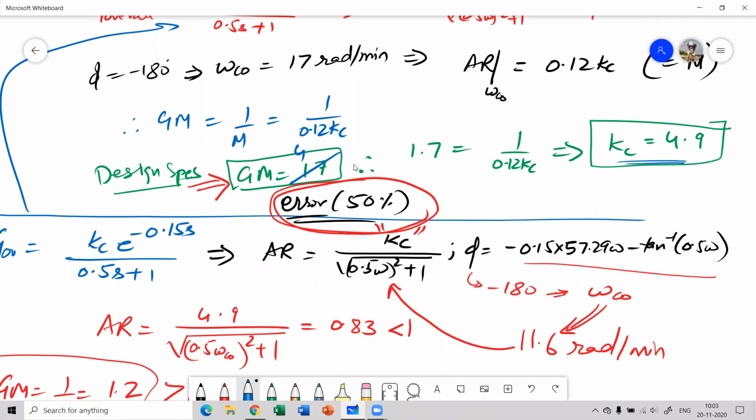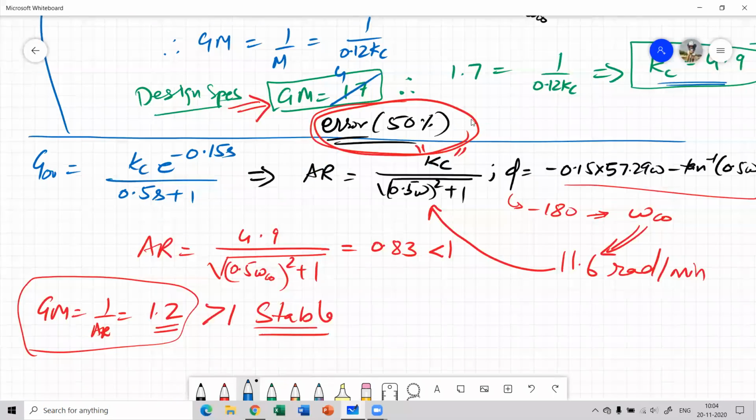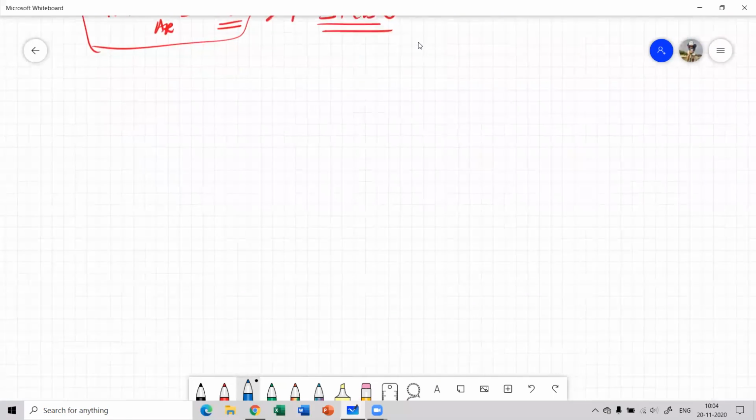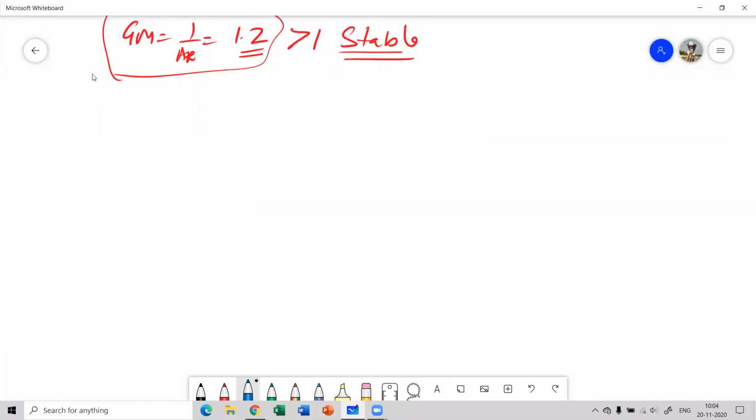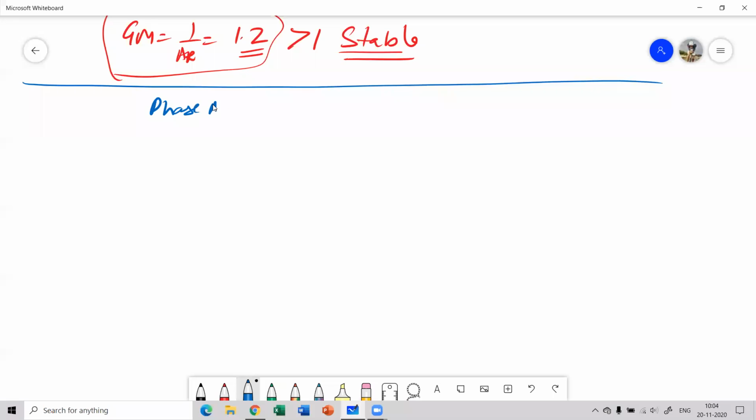Now let's tune the system using phase margin. This was tuning based upon gain margin. Now we're going to tune the system using phase margin. We are already aware of phase margin and tuning.